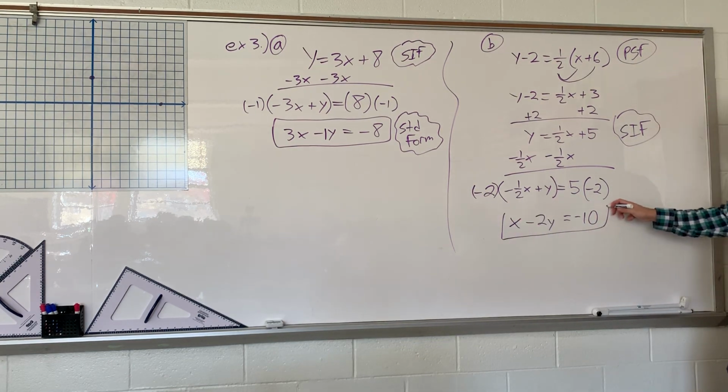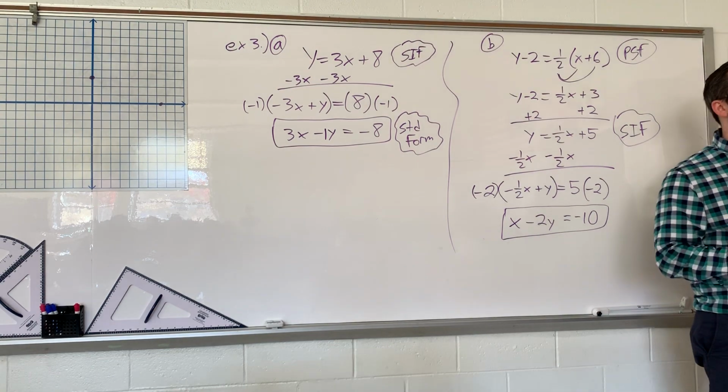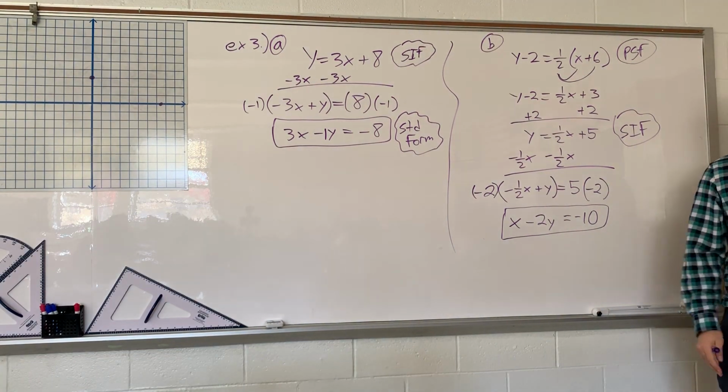Yeah, Elizabeth. Couldn't you have changed the negative 1/2 to negative 0.5? Yep, it's still not an integer. Now what other number could I have multiplied 1/2 by to get an integer? 4. What's 1/2 times 4? 2.